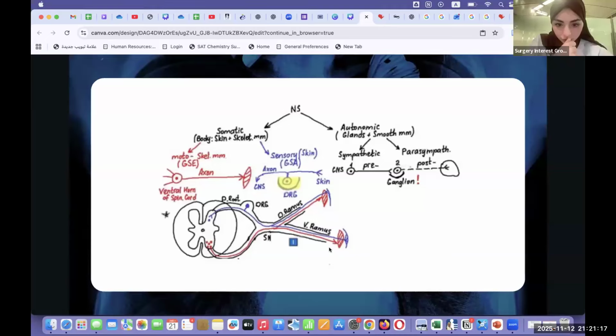Everything was clear so far with the spinal cord cross-section? Hold on, why is it not sharing? Yes, alhamdulillah, okay. Let me share screen.